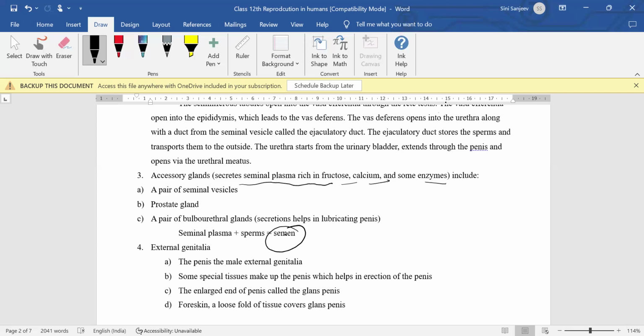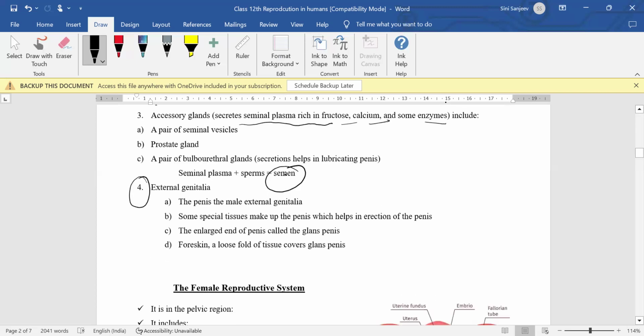For that purpose, you have the fourth thing, called the external genital parts. The first external genital part is the penis, the male external part. There are tissues surrounding the penis that help in the erection of the penis.